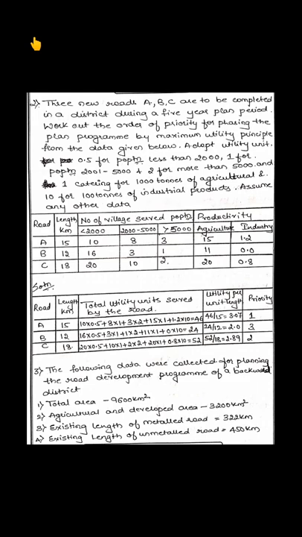Work out the order of priority for phasing the planned program by maximum utility principle from the data given below. Adopt utility unit 0.5 for population less than 2000, 1 for population between 2001 to 5000, and 2 for more than 5000, and 1 for 1000 tons of agricultural and 10 for 100 tons of industrial products. Assume any other data.